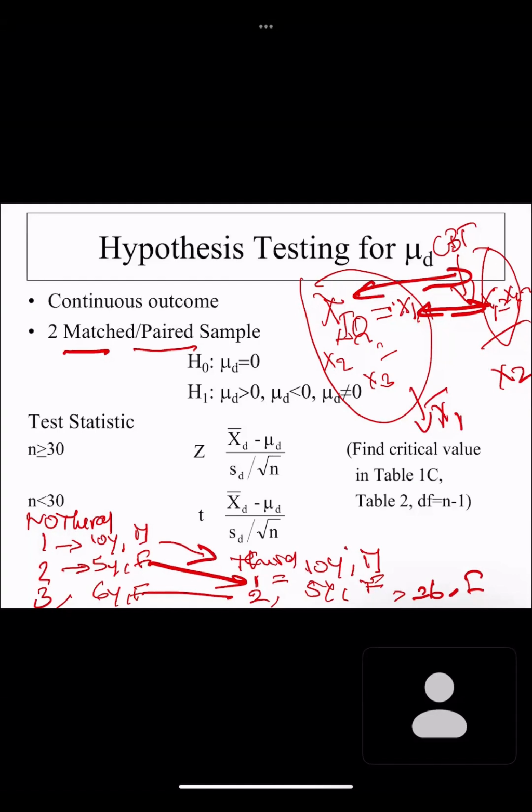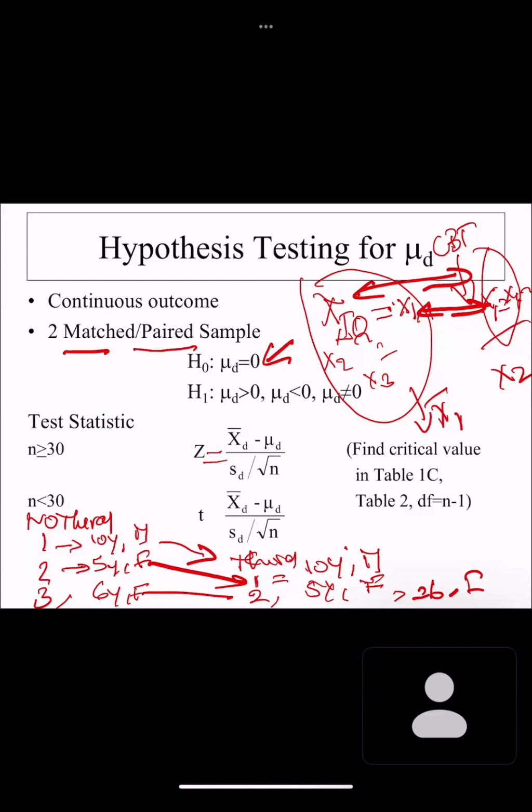So if you average these, you expect that if there is no difference between the two, or this therapy is not working, then under the null hypothesis of not working, mu of D is equal to 0. So the average difference is 0, or the average difference is greater than 0, less than 0, or different from 0. Similar to everything.